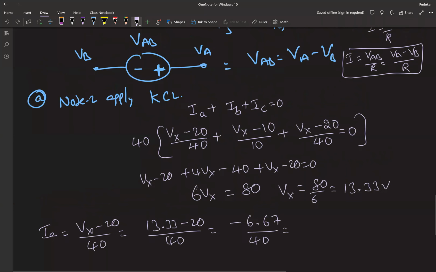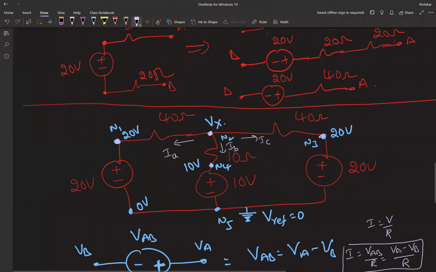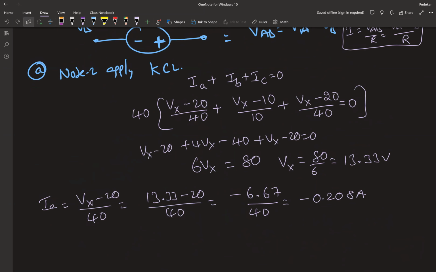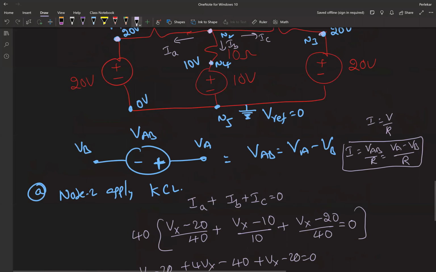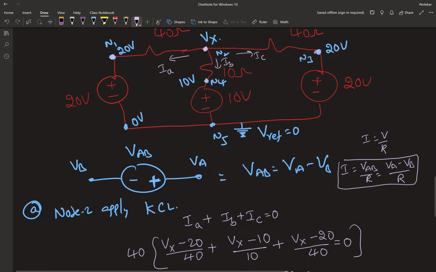That value must be negative 0.208 ampere, similar to what we found in the previous case. I believe we got the same number. You can see why I got negative: I'm assuming current is flowing from Vx to 20, but in reality it is flowing in the opposite direction. So that's the reason I have that value.